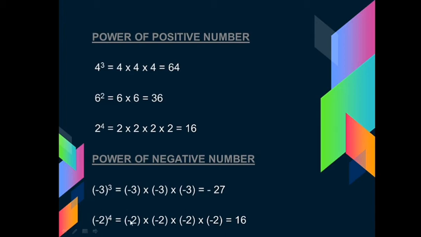So here minus 2 into minus 2 equals plus 4, then plus 4 into minus 2 equals minus 8, and minus 8 into minus 2 equals plus 16. Okay, so always remember this difference. When the exponent of a negative number is odd, then the result will be negative. When the exponent of a negative number is even, then the result will be positive.